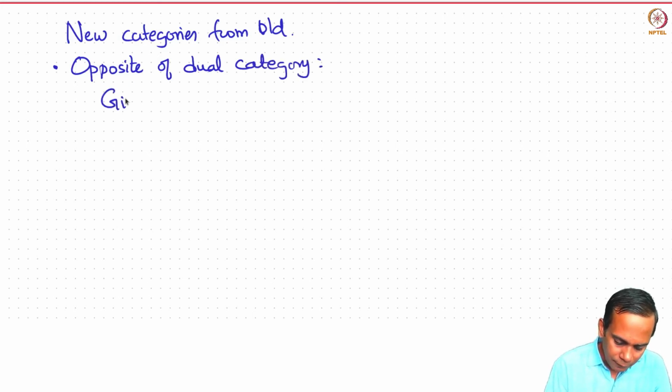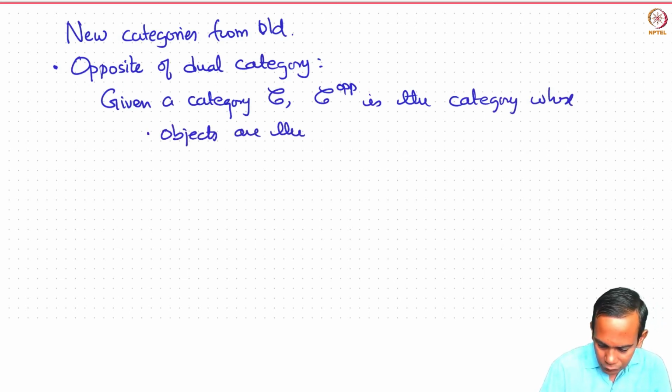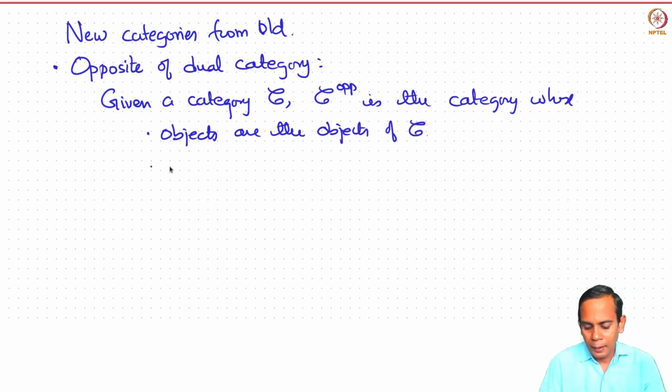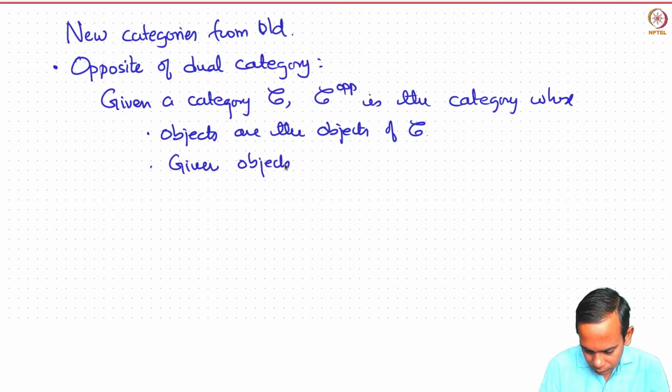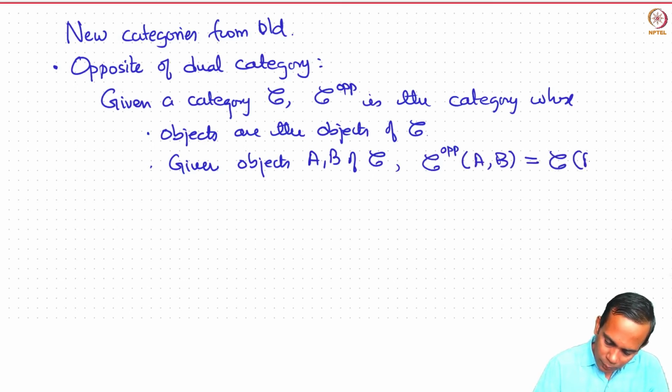So given a category C, C-op is the category whose objects are the objects of C. And given objects A and B, which are also objects of C-op, the arrows from A to B in C-op are declared to be the arrows from B to A in C.